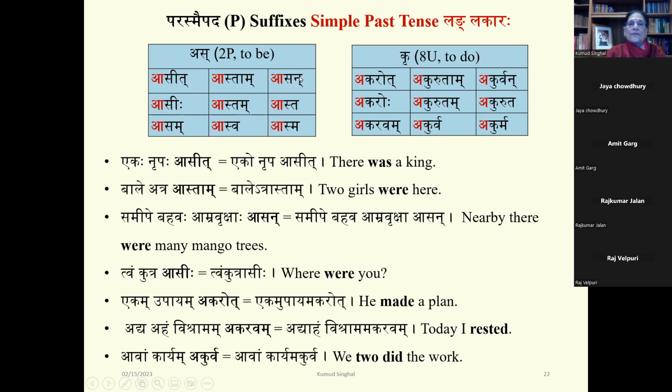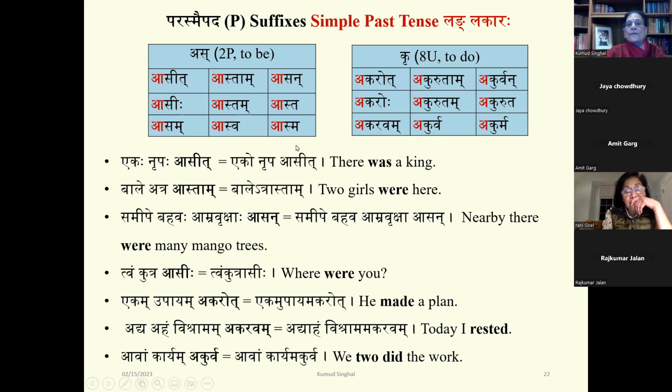Asan, we will use this form. Samipe bahavaha amra vrikshaha asan. Nearby. Samipe is an avyaya, non-declinable, means nearby. There were many mango trees. Amra vrikshaha. So here, asan, because your subject is plural.